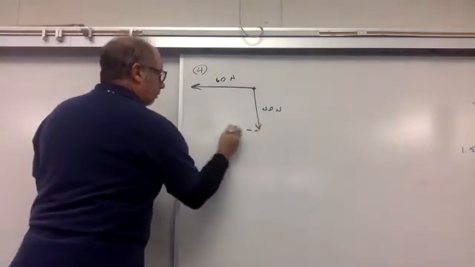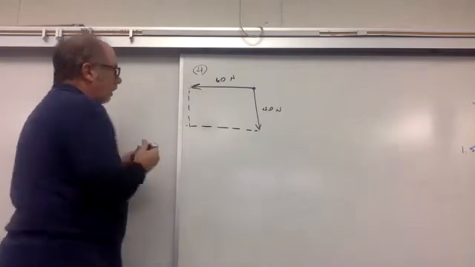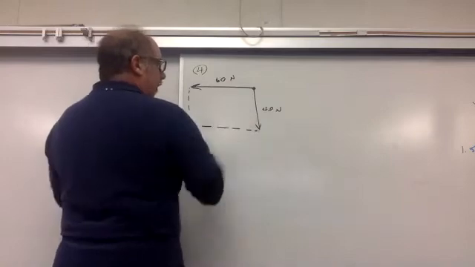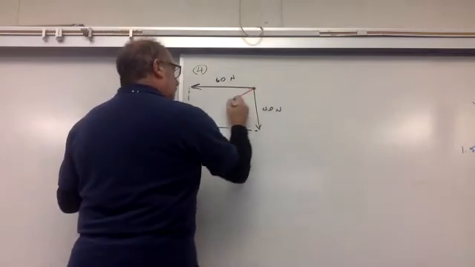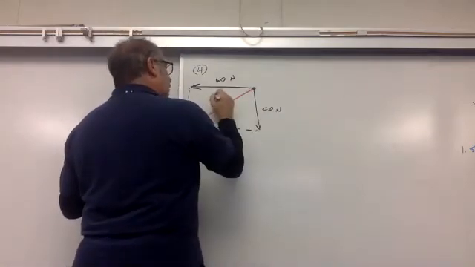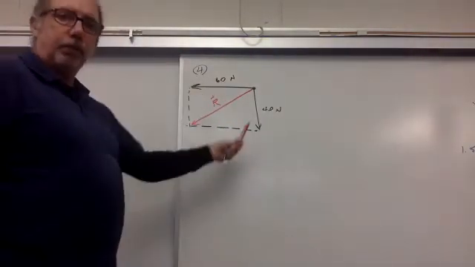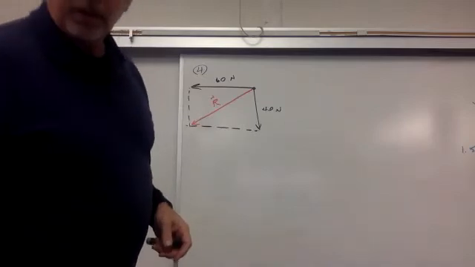So the resultant is going to be drawn like this. You can add them tail to tip as well. One force pushes it to the left, and the other force pushes it down, so it's going to go down and to the left.